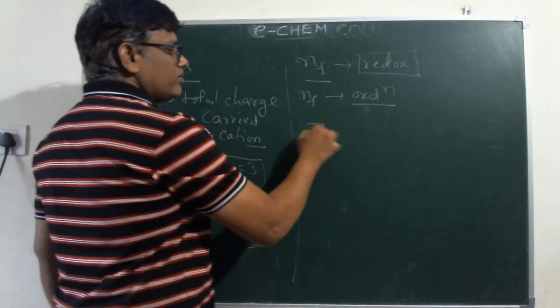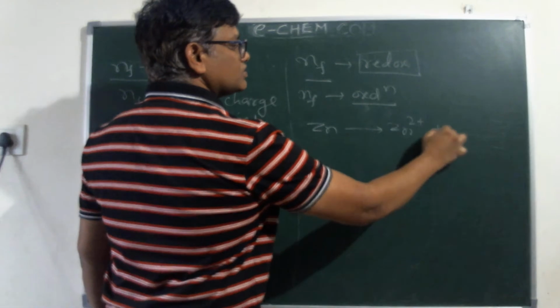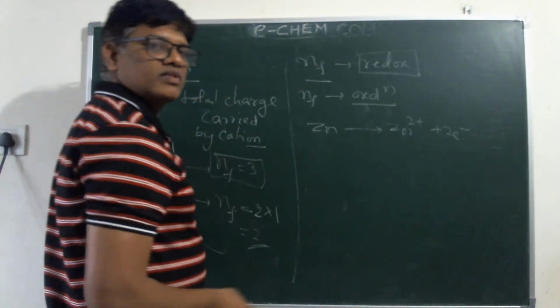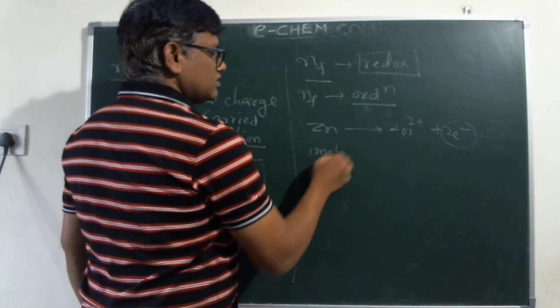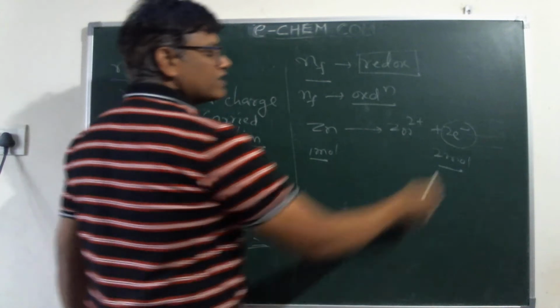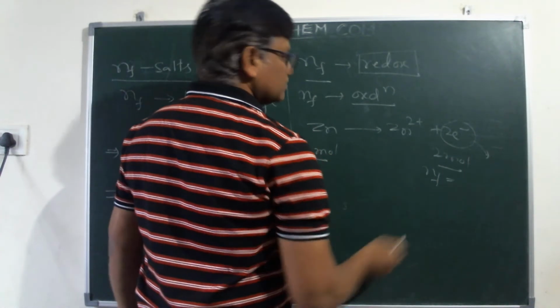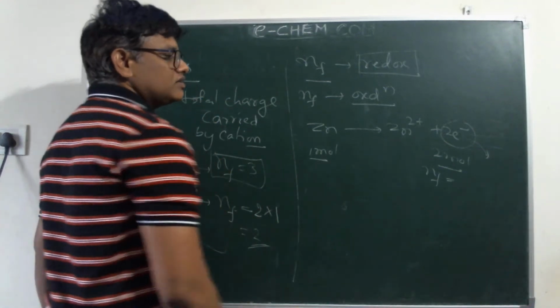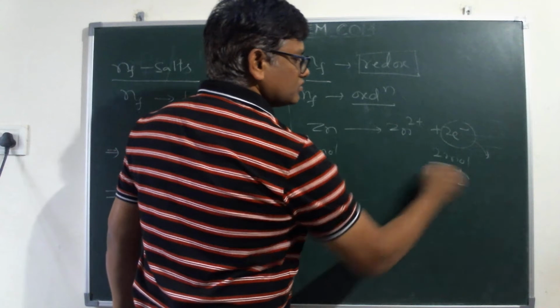For example, I am taking one half reaction: zinc is converting into Zn2+ plus 2 electrons. So 1 mole of zinc is losing 2 moles of electrons. Obviously, the n factor is based on how many moles of electrons are given by the component, so the n factor for this is to be taken as 2.